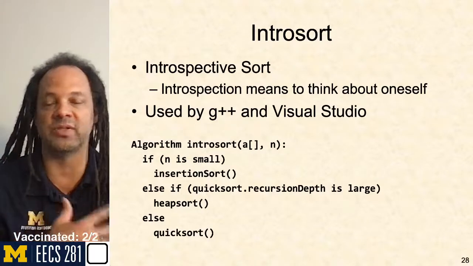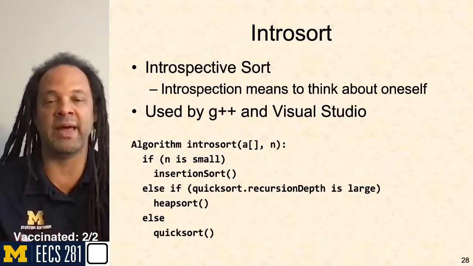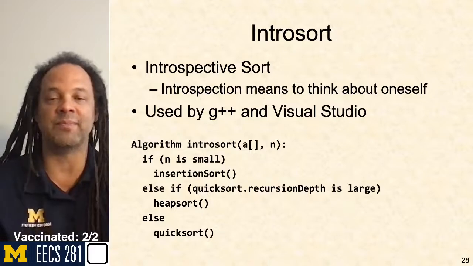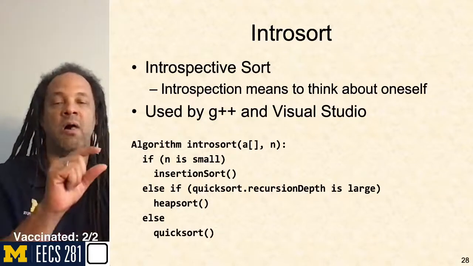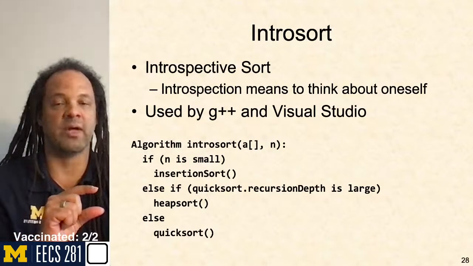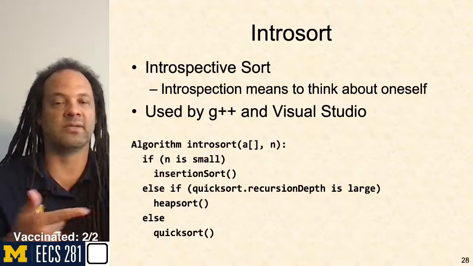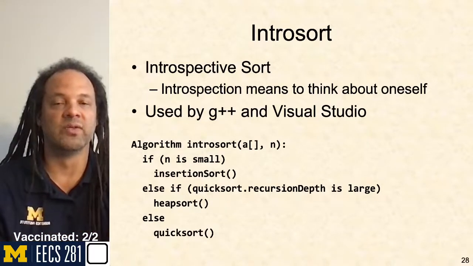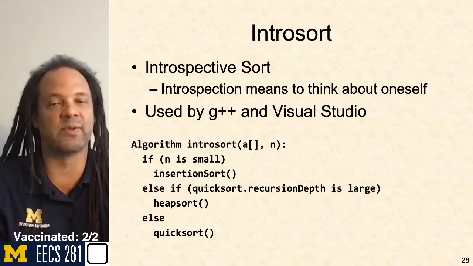We've gone too deep, it's just not going well for us. We might as well pay the price to do the overhead and keep the n log n that heap sort gives us. So if it's small, we insertion sort. If we've gone too deep in quick sorting, we're going to heap sort. Otherwise, we're going to stick to quicksort, because quicksort does good things. So that's how intro sort works. That's what the STL sort does.